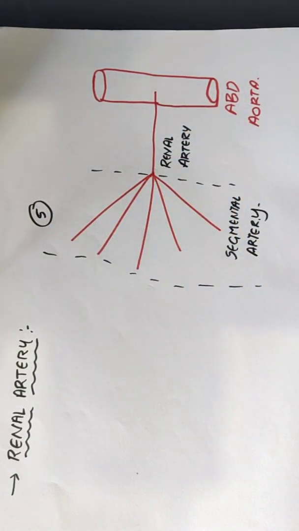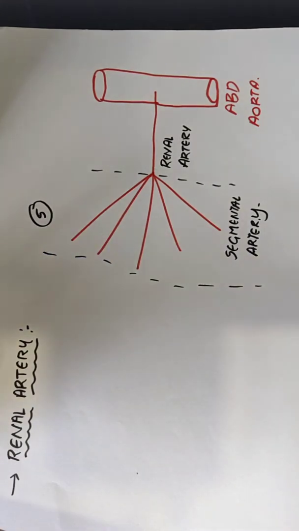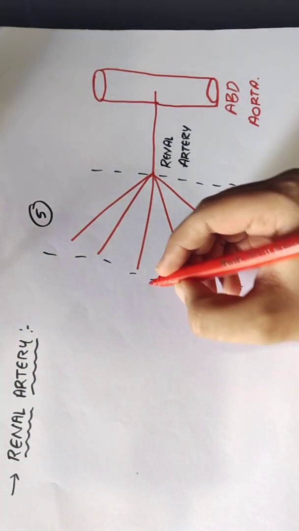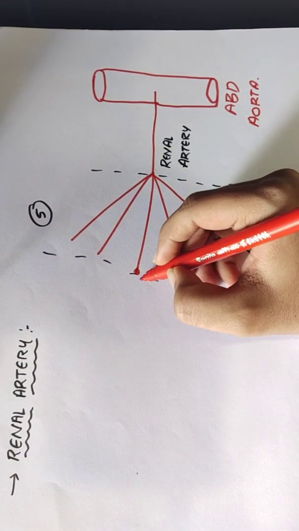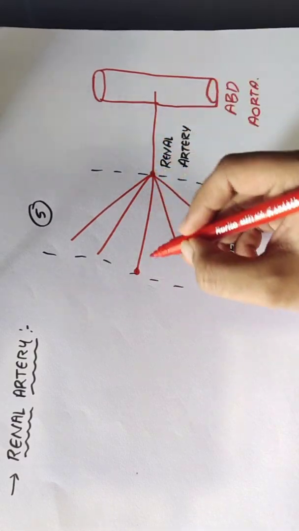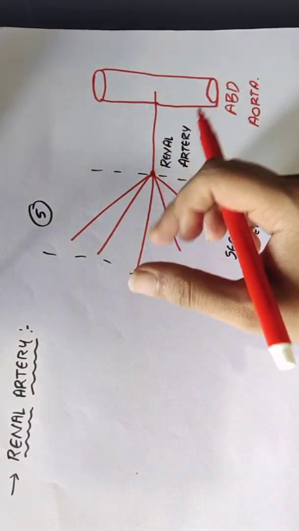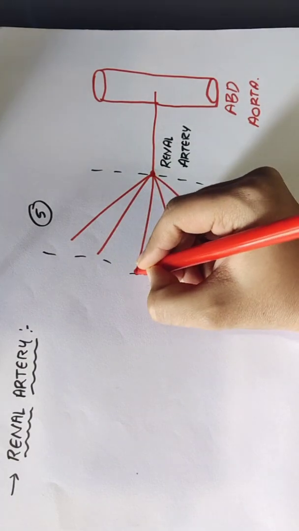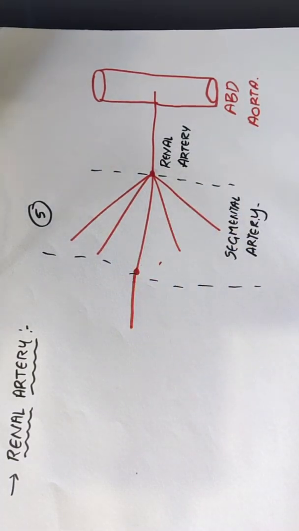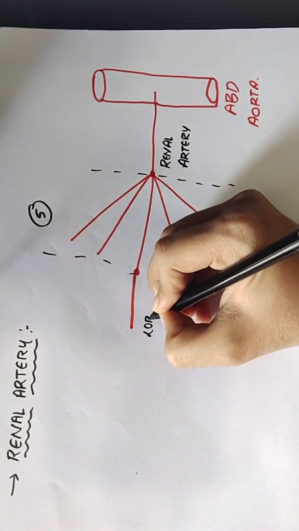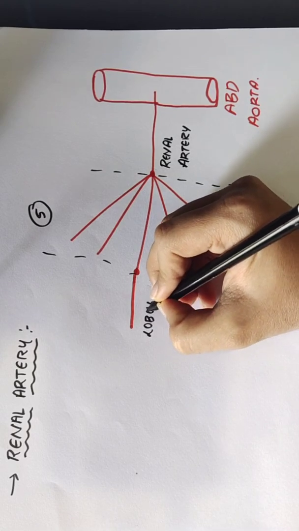The segmental artery further continues as the lobar artery. We'll consider only one segmental artery. Each segmental artery continues as the lobar artery.